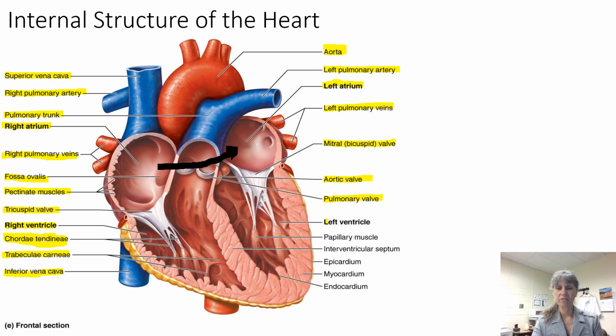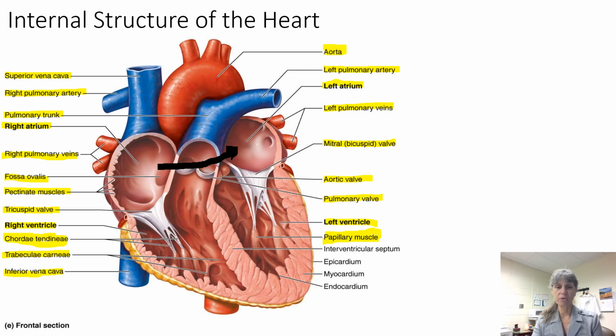We've got the left ventricle. Again, we've got little papillary muscles. Remember, a papilla is a nipple-like projection, and the papillary muscles are the muscles to which the chordae tendineae of the tricuspid and bicuspid valves are going to attach.